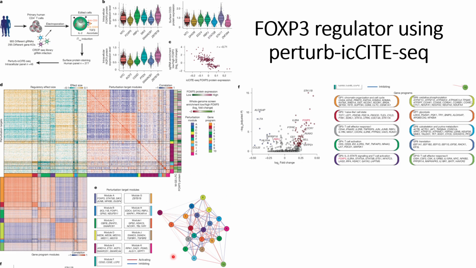So this is how we can read this map. And this is just the module descriptions, gathered from panel D, which are used to plot the panel E. So I hope you understood how these FOXP3 regulators are identified using perturb-icCITE-seq.